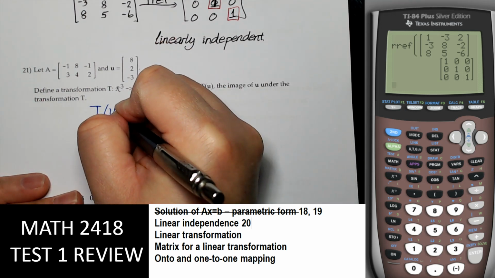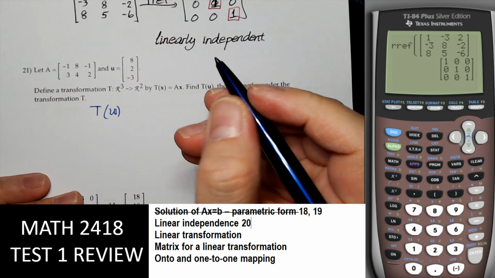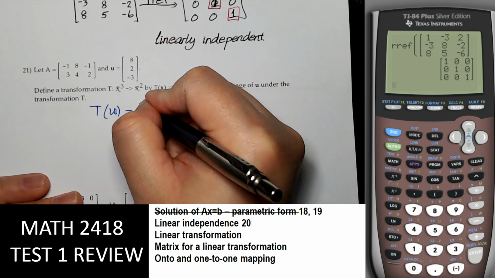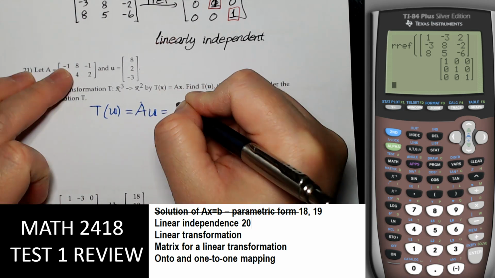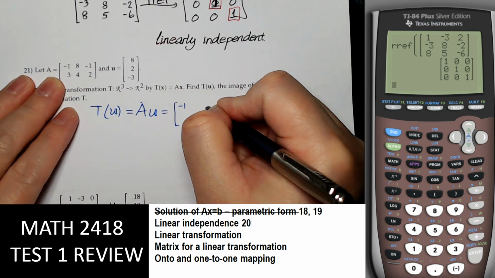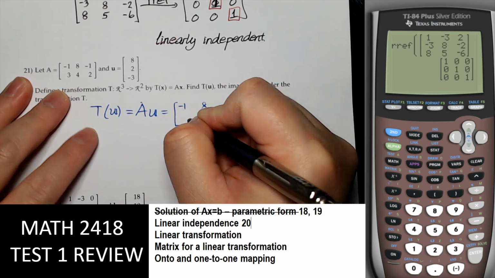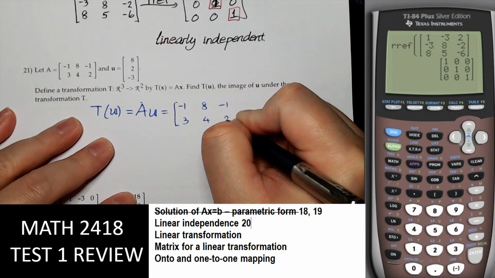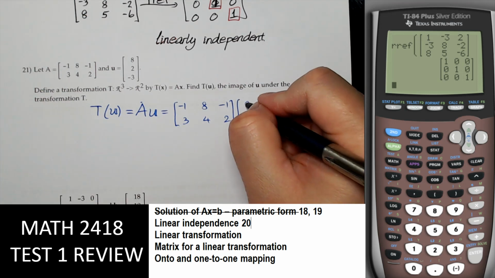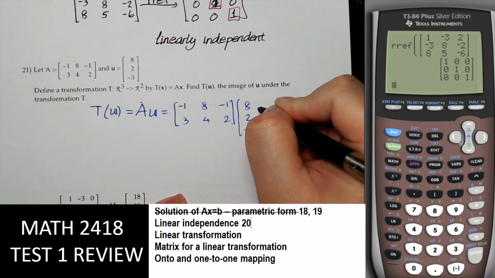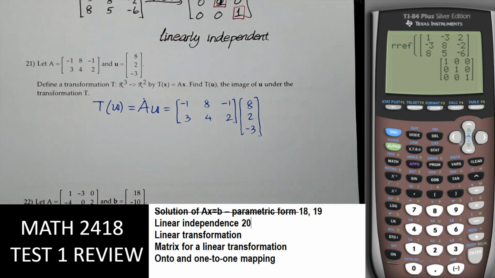So the transformation of vector u is just A times u, where A is this matrix, multiplied by the vector u. We just need to multiply this.